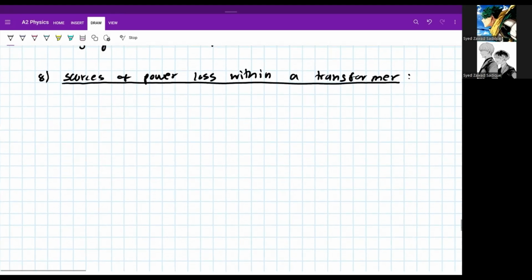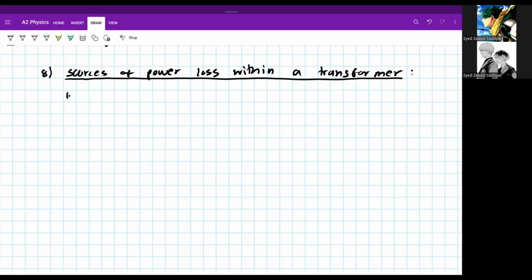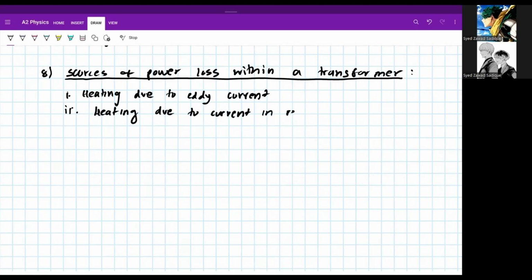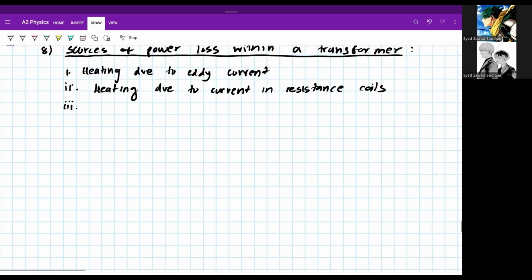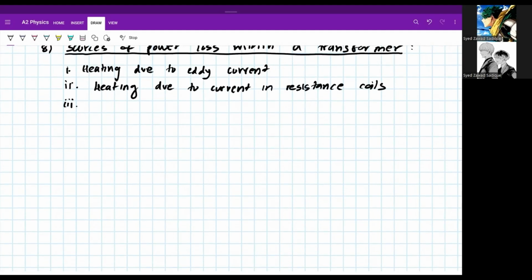That would be heating due to eddy current, number 2 is heating due to current in resistance coils. And finally, number 3 is loss due to charging.